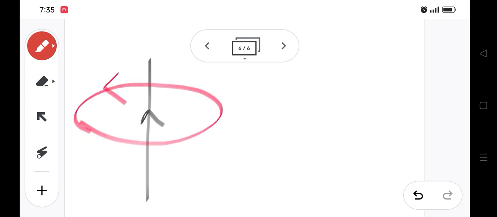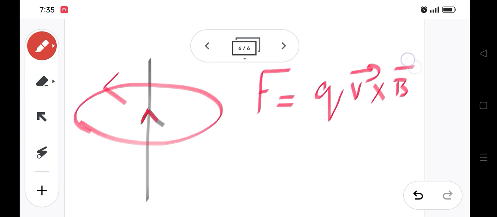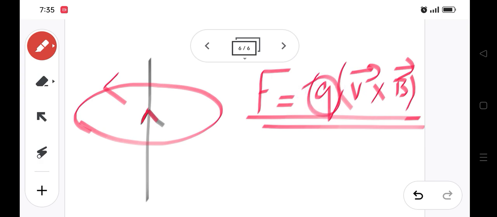So what will be the magnetic force acting on this current carrying conductor? That's what we are going to derive. We know the equation for magnetic force is Q into V cross B. This is the magnetic force acting on a charge Q.